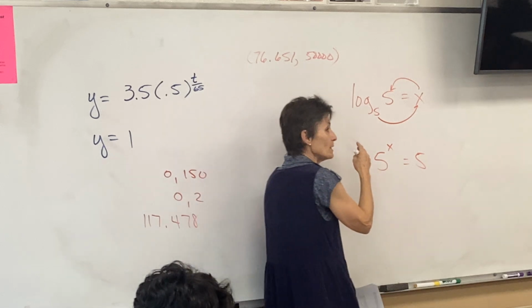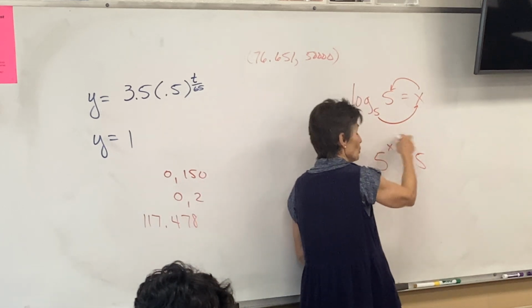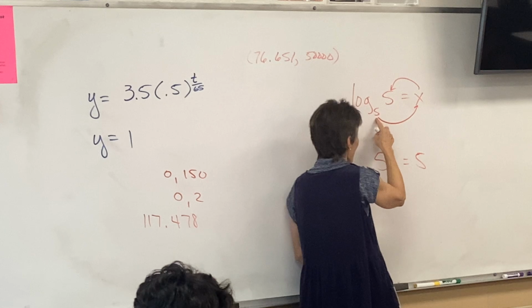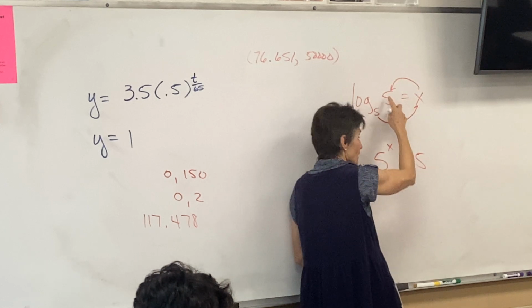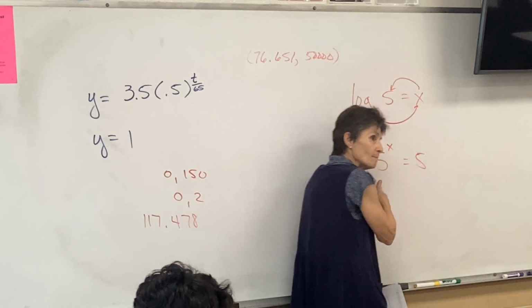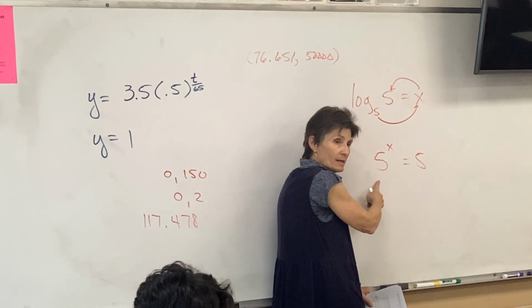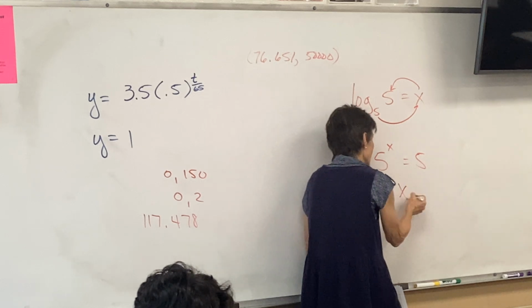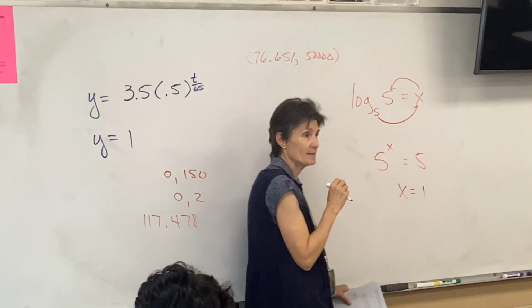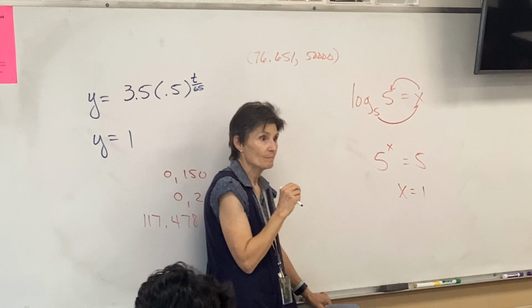So we'll get rid of the logarithm by loop-de-looping. 5 to the x equals 5. Well, now, that makes sense to me. 5 to what power will give me 5? 1. So the answer to the problem is 1.